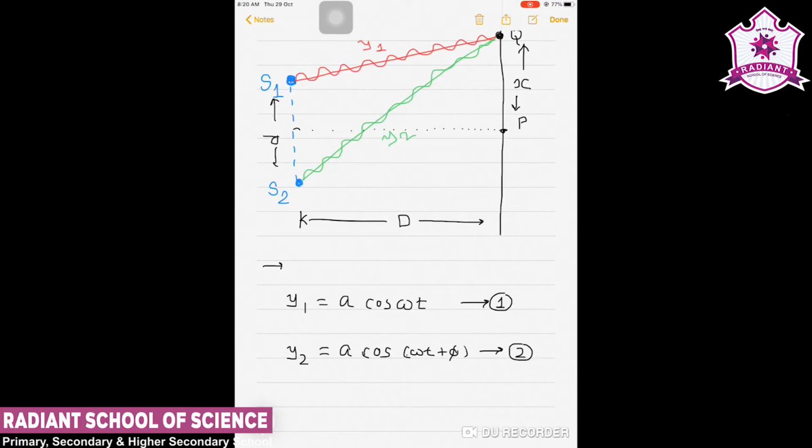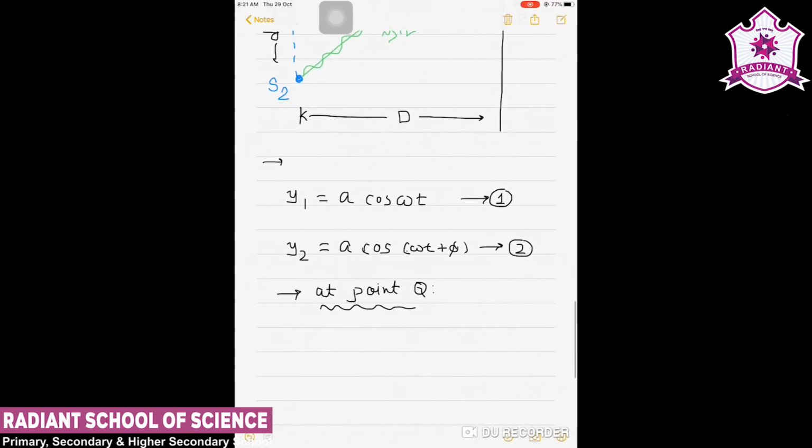Now suppose they superpose or superimpose at point Q. So at point Q, what will be the resultant value? If we consider that they superimpose and we get the resultant wave y, we can say that y is equal to y1 plus y2.